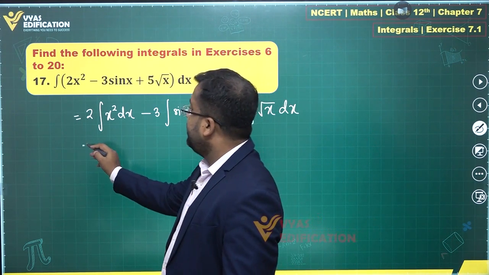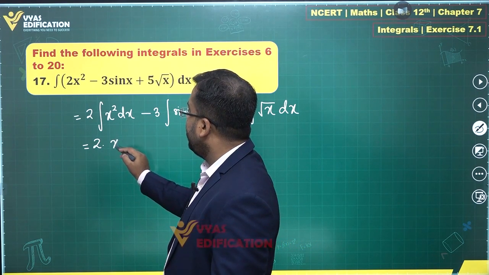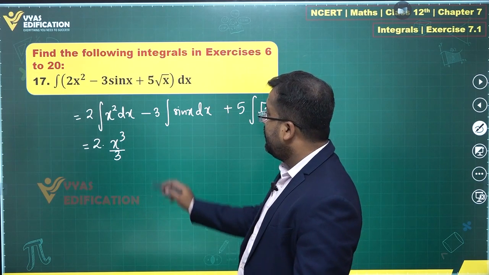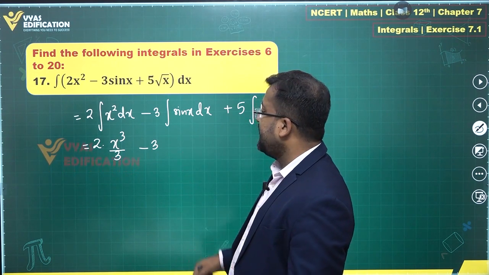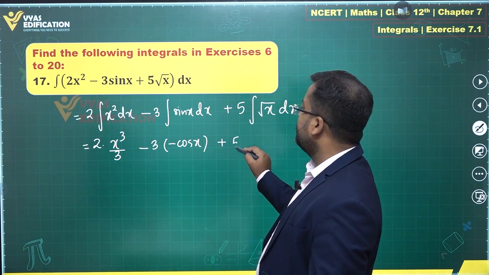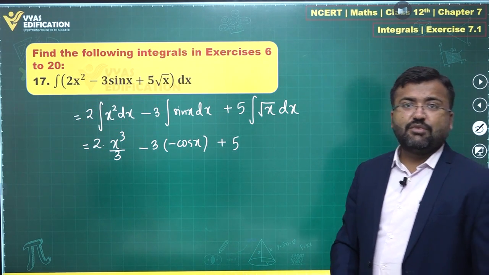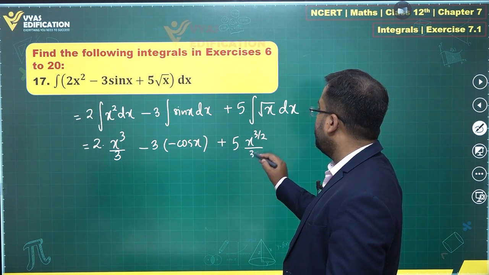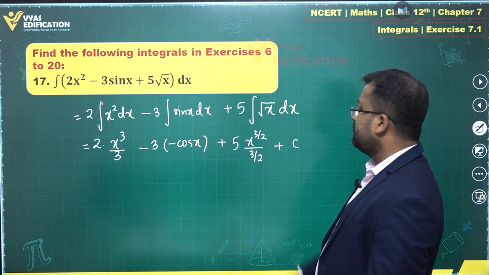The integral of x^2 is x^3 upon 3. Minus 3 times the integral of sin x, which is minus cos x, plus 5 times the integral of root x, that is x^(1/2), which will be x^(3/2) upon 3 by 2, plus the constant of integration.